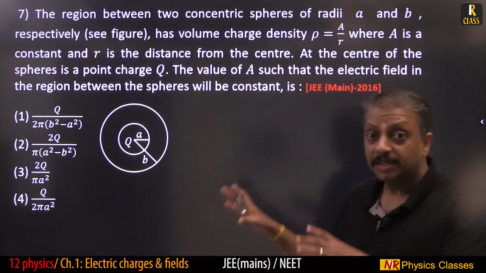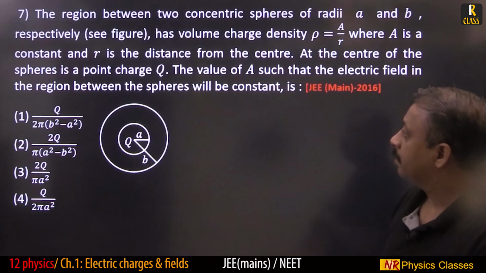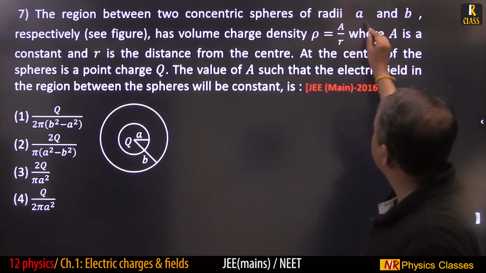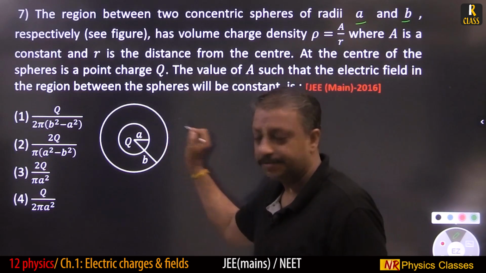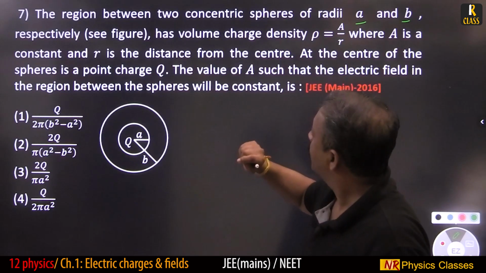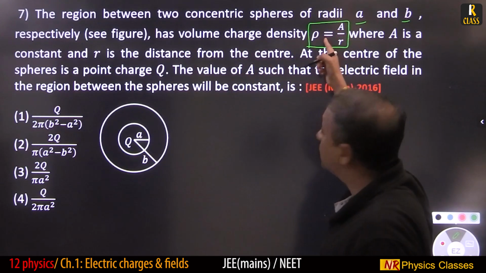This is another amazing problem on charge density. The region between two concentric spheres of radii A and B, two concentric spheres. Region means this region has volume charge density and it is not uniform.